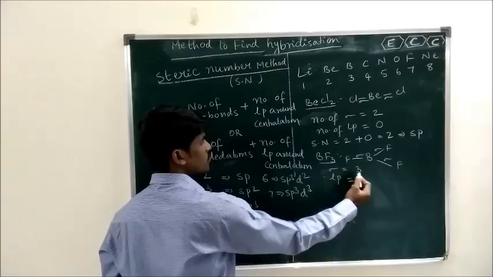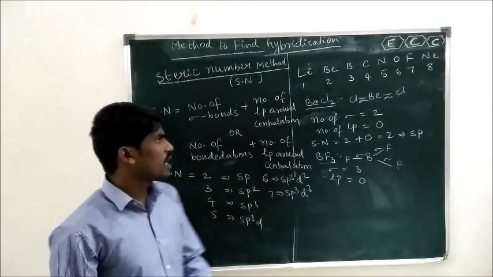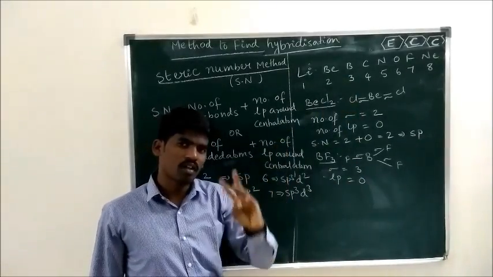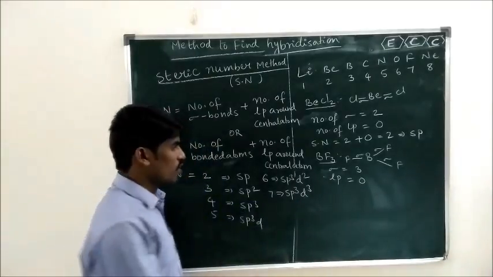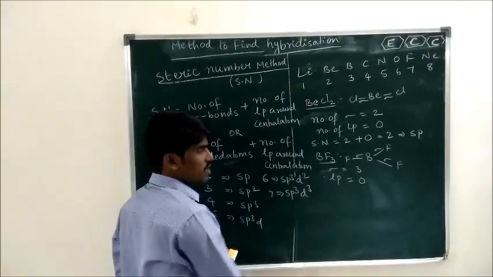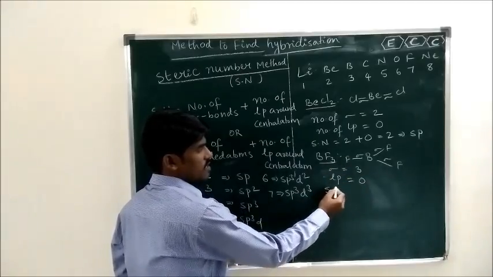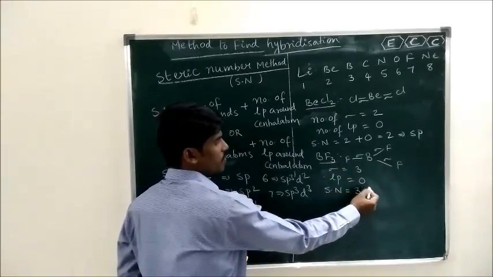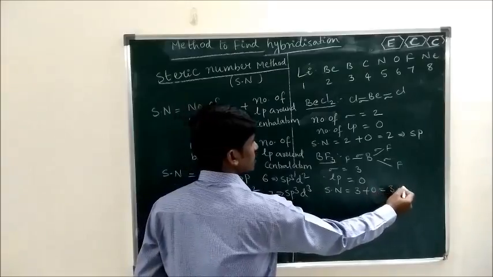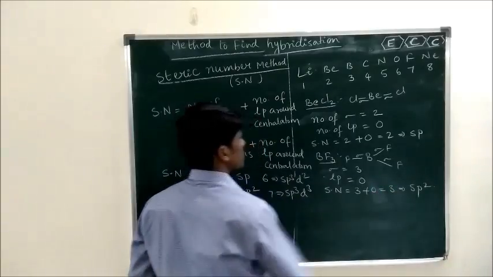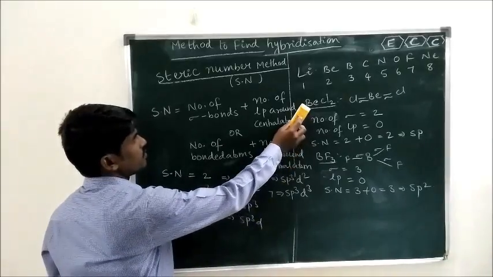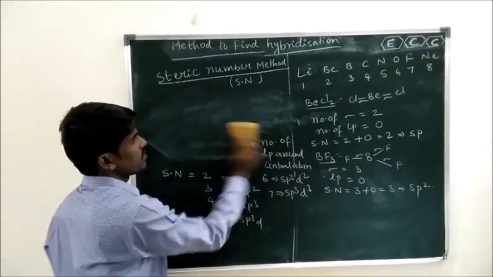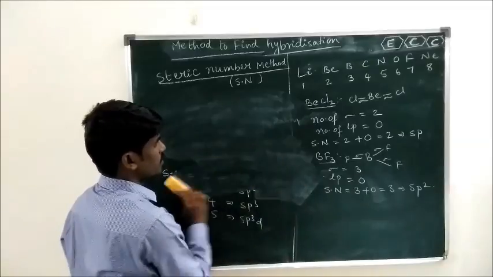Lone pairs are 0, because all 3 valence electrons of boron have been utilized for bond formation. So steric number is 3 plus 0, which is 3. Then what is the hybridization? sp2 hybridization. This is another way to find hybridization with the help of the steric number method.